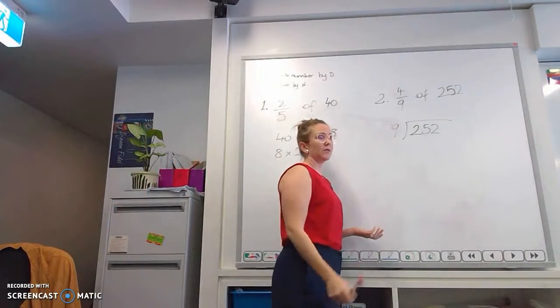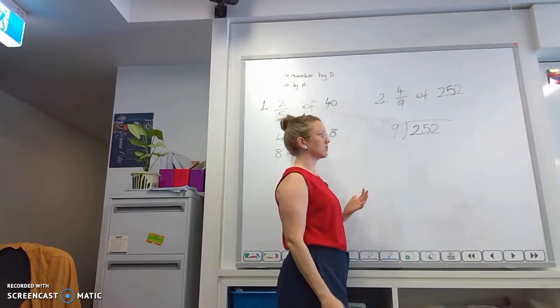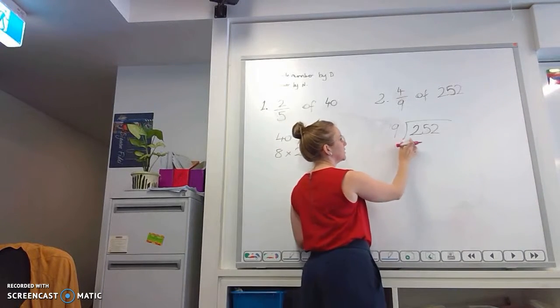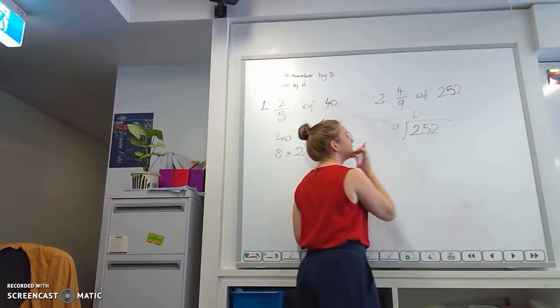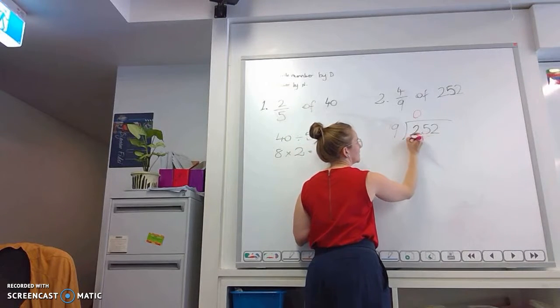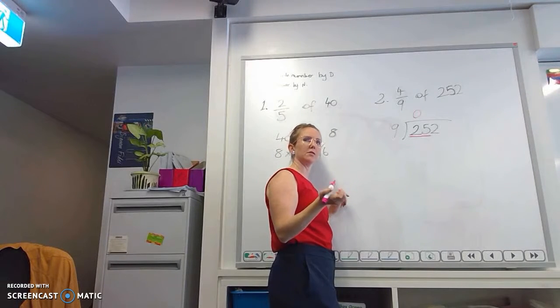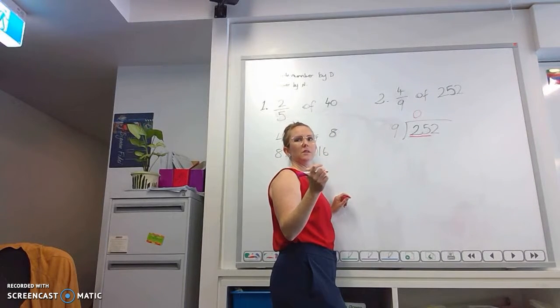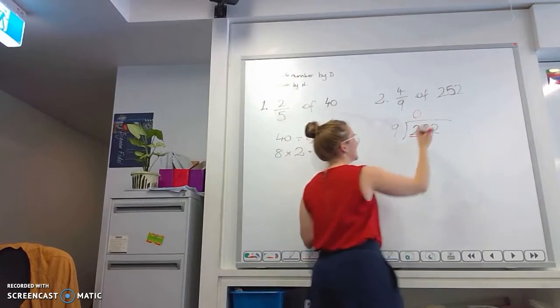Okay, now we haven't really talked about this sort of division for a while, so let's just remember how to do this. 9 into 2 goes 0, so let's write the 0. Now I ask myself 9 into 25 instead of just the 2. How many times does 9 fit into 25 without going over? Bailey? Twice. Good answer.